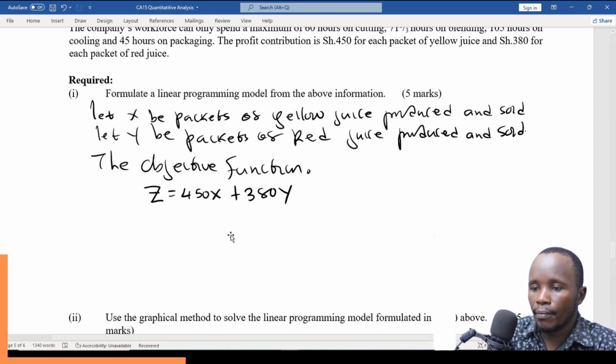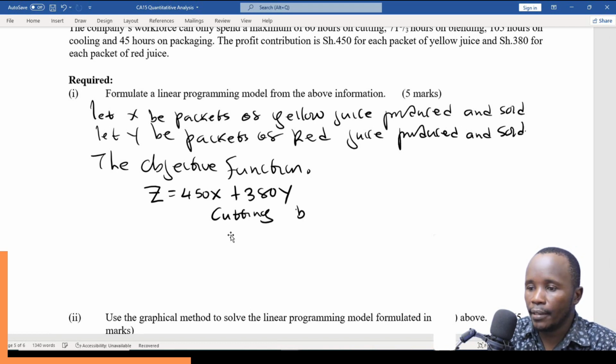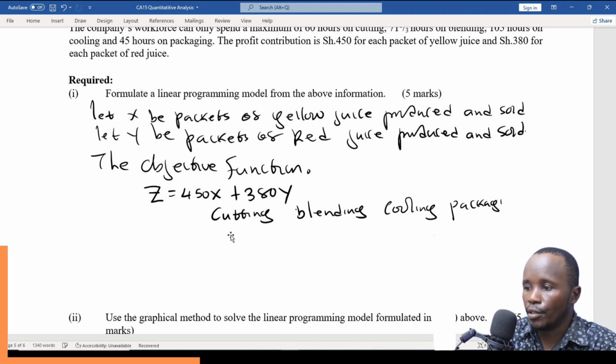So here we have cutting, we have blending, we have cooling, and we have packaging. Now, yellow juice and red juice.